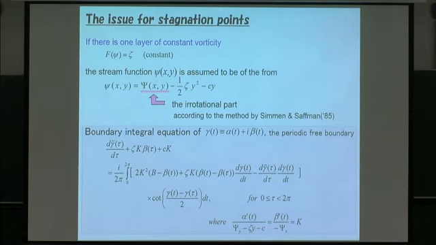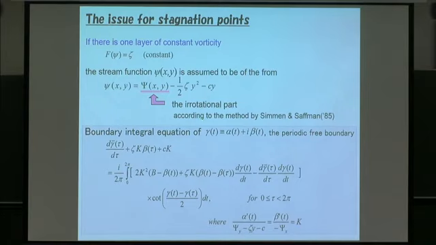The issue of stagnation points is important. If there is one layer of constant vorticity, namely f(psi) is a constant zeta, then the stream function psi is assumed to be of this form, and here large Psi is the rotational part.